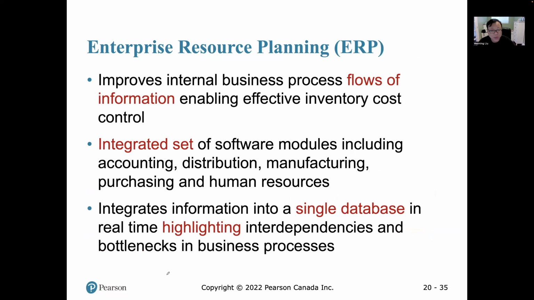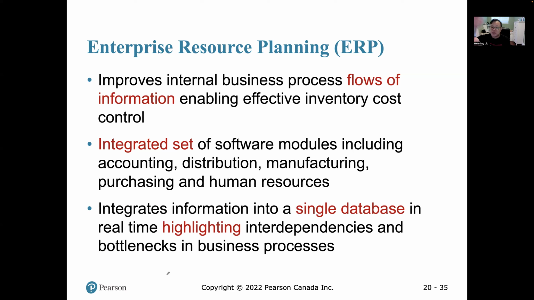Enterprise resource planning. This improves the internal business process, flowing information. So basically, that system will help with the internal business process. If you think about the balanced scorecard we have learned, you have 4 aspects: financial, customer, internal business process, and growth and learning, right?